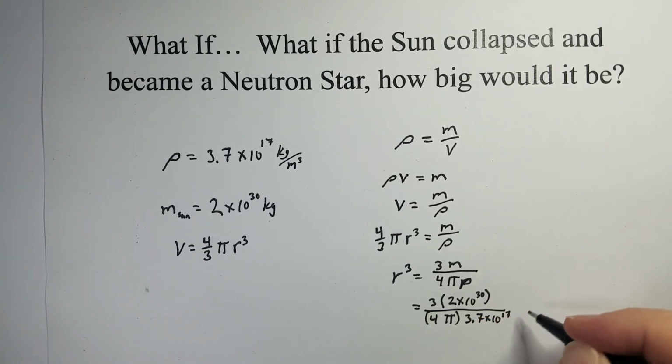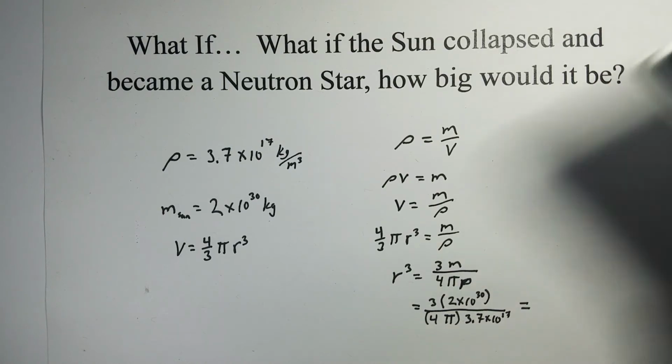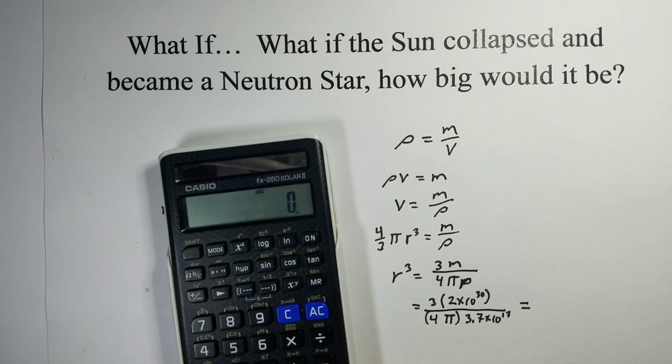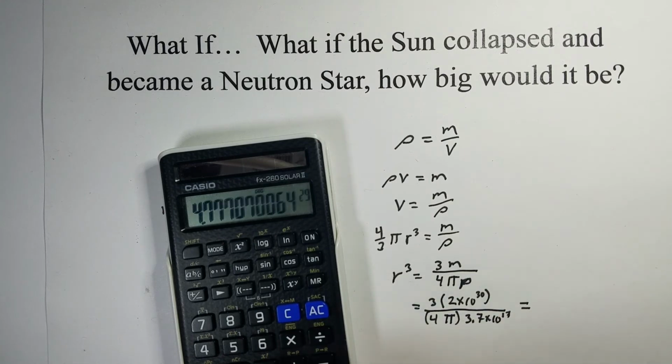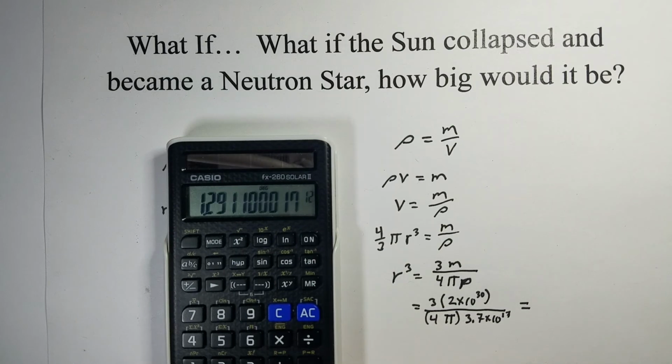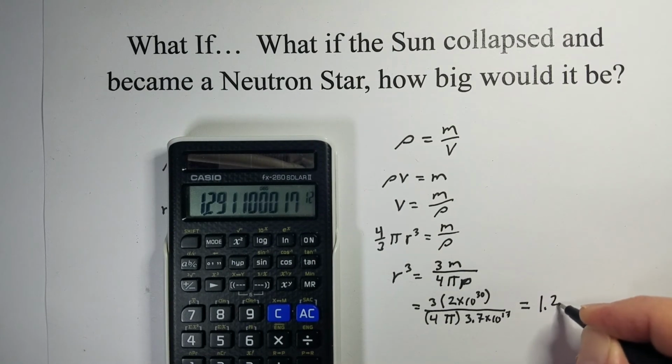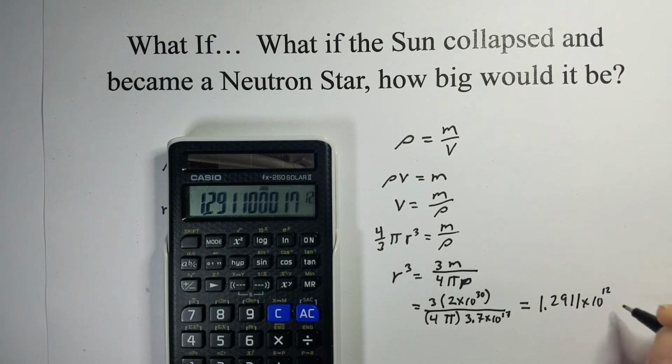So if we solve that, 3 times 2 times 10 to the 30th, divided by 4, divided by 3.14, divided by 3.7 times 10 to the 17th, we get this number: 1.2911 times 10 to the 12th.